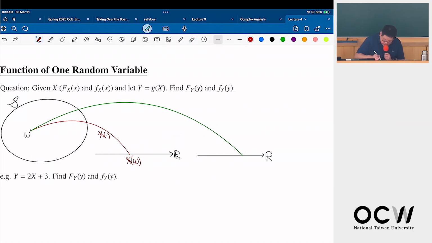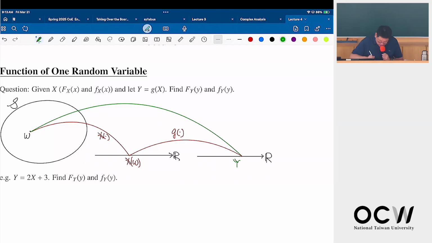So if I map to another real line, there's a function called g. And here you have random variable y. So this green is that I have a random variable y that is through the function g of x.